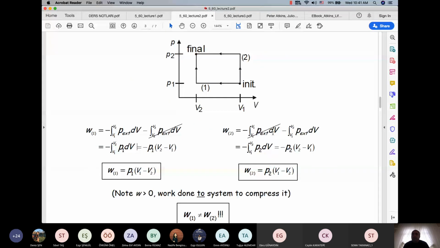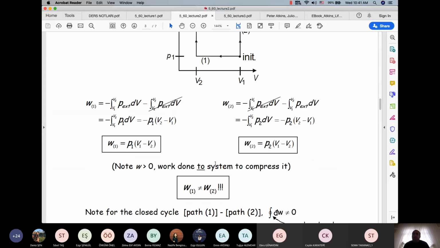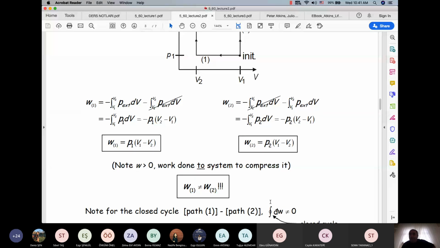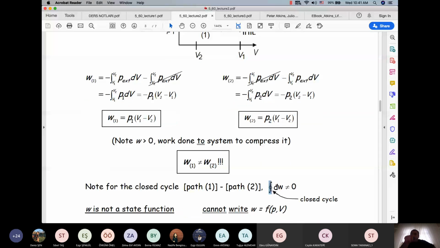To show the cycle, we put an integral with a circle sign to show it is a cycle. The delta is not a state variable, as we told earlier, so we put a bar.